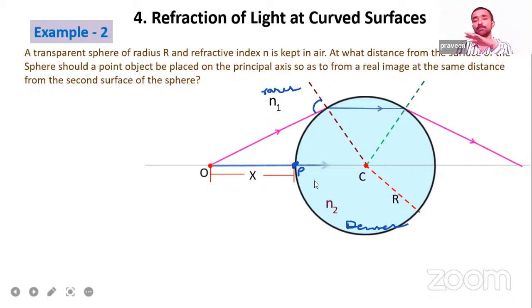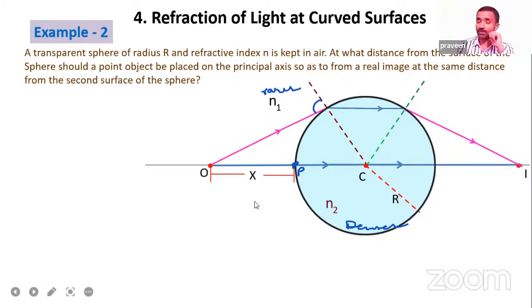The light ray passing along the principal axis remains undeviated. The two light rays are going to meet each other at a certain point to form the image. That image is I here. The point where the two refracted light rays coincide is taken to be the image point I.